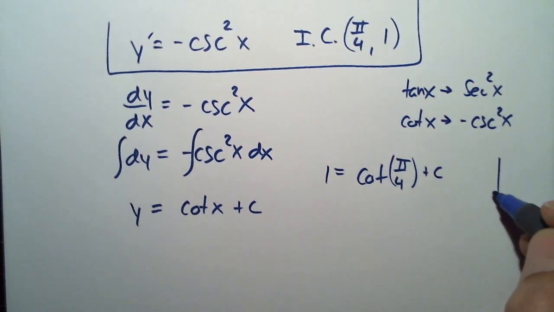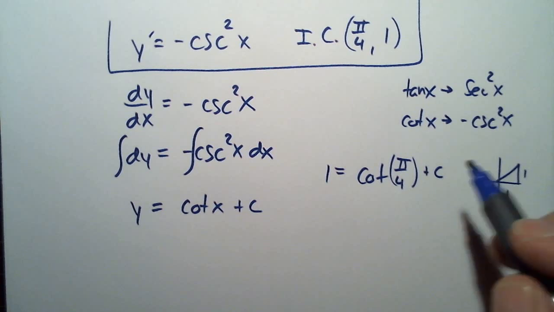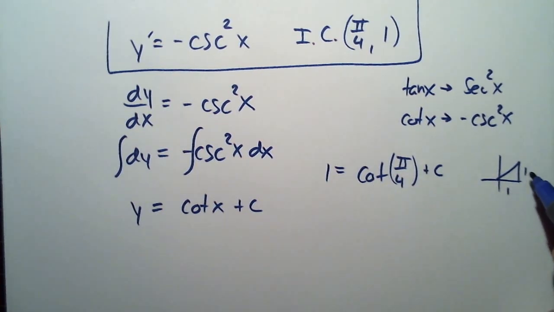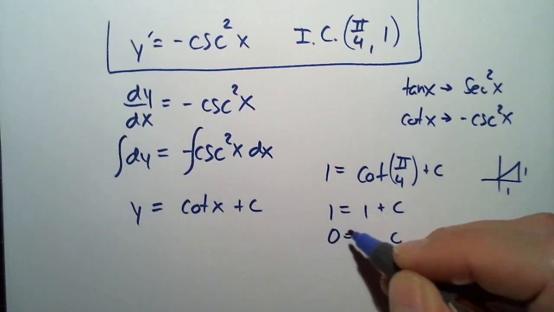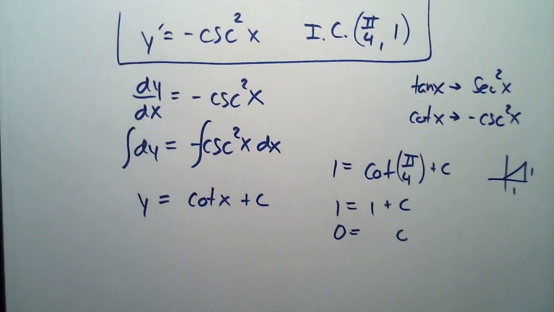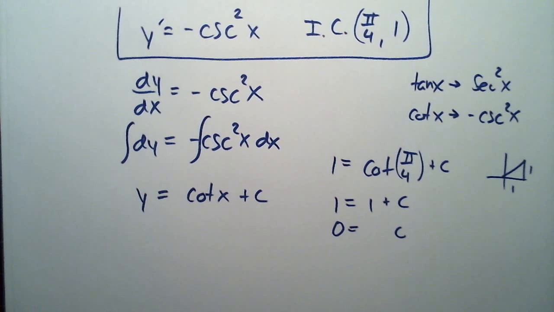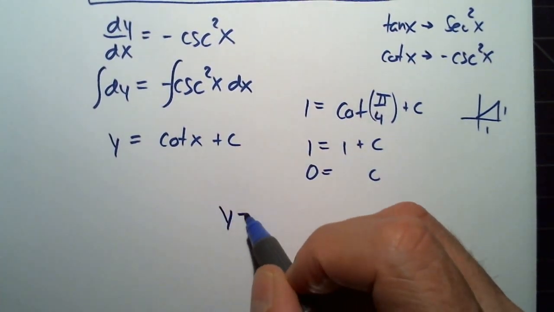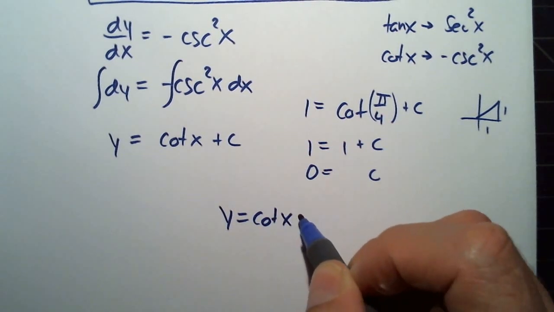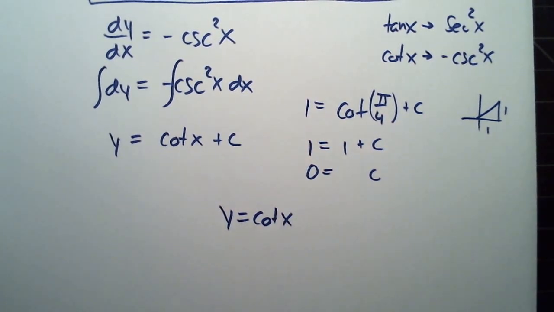And we know that at pi over 4, cotangent is x over y, so it'll be 1. So the constant is 0. And the particular solution is just cotangent x.